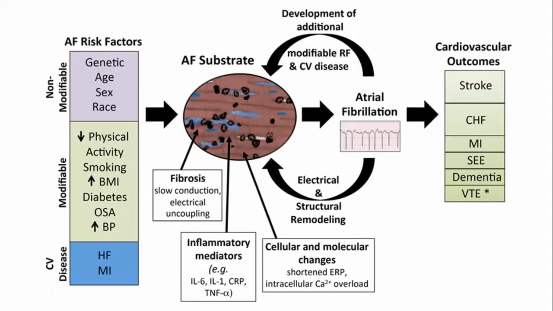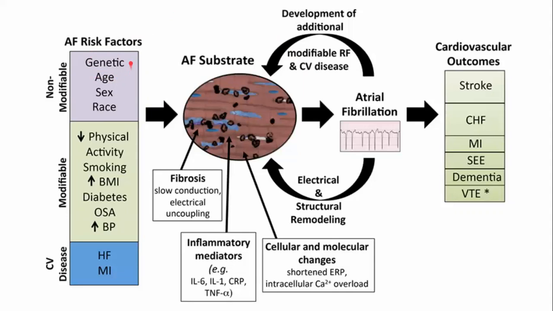I could not resist putting this slide in. Sorry, but I just thought it was so interesting, and I just wanted to throw a little physiology at you, or just a bigger picture. We say always that atrial fibrillation is sort of a condition sometimes that we see in age. These are non-modifiable risk factors.